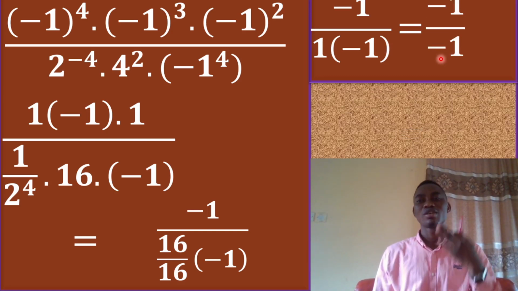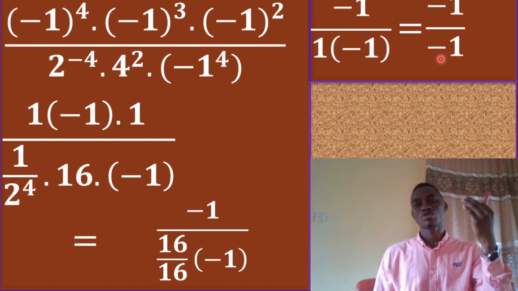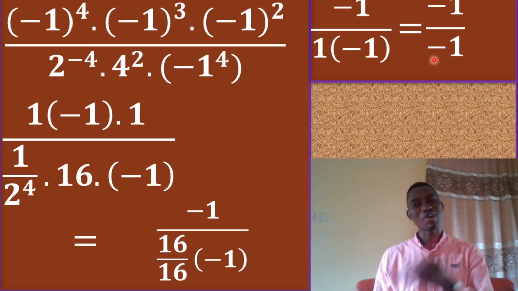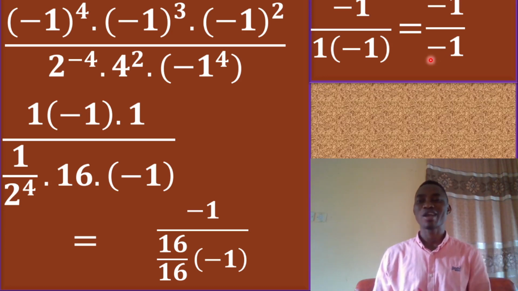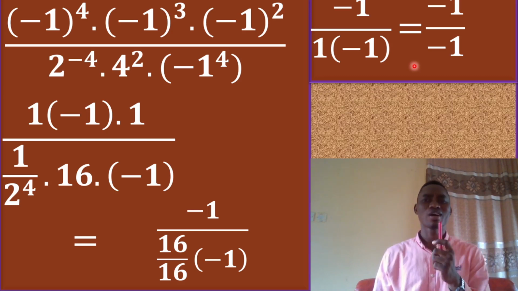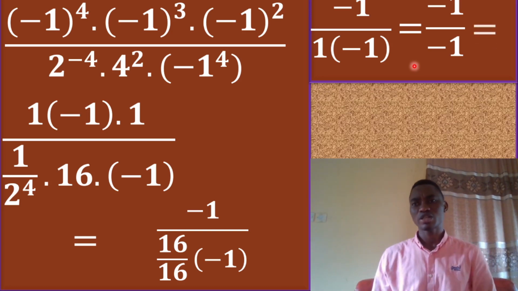Don't forget that minus over plus is minus, plus over minus is minus, plus over plus is obviously plus, then minus over minus is what? Plus. Please don't forget, all these small things are actually vital in mathematics. Okay, so let's proceed.